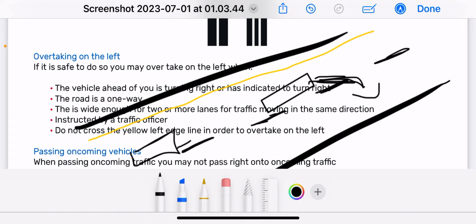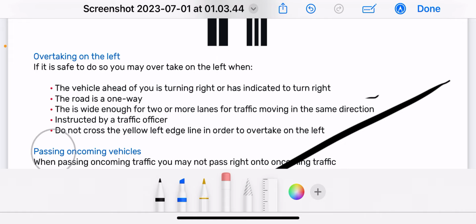So then the law allows you to overtake this side on the left. But when you are overtaking this side on the left, the law says you must not step on the yellow line. You must not step there. Okay? Straightforward.